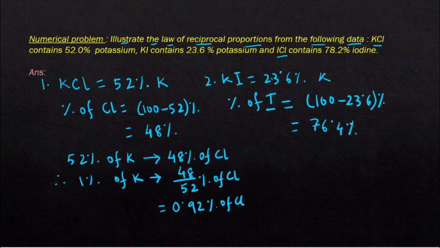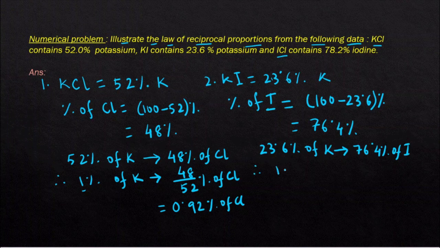Here also we can see the mass of potassium needs to be adjusted to the fixed mass, which is 1%. So just like before, 23.6% of potassium combines with 76.4% of iodine.